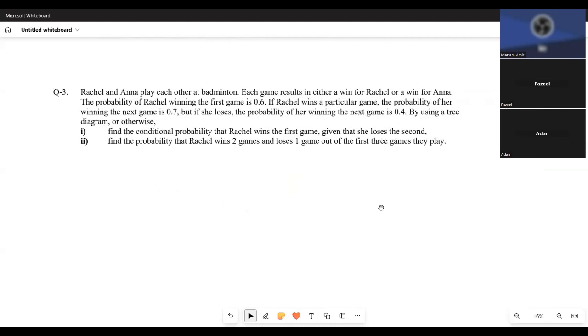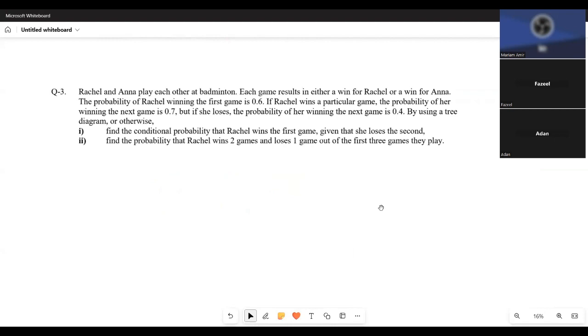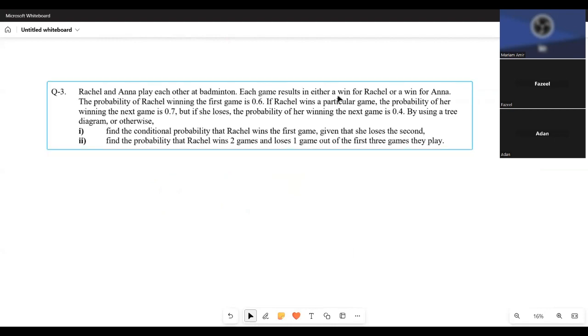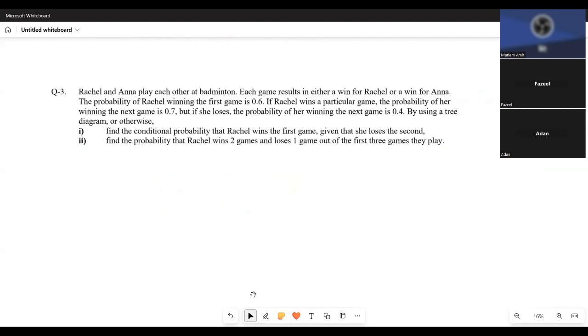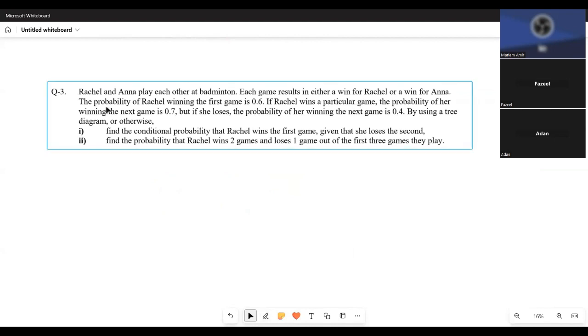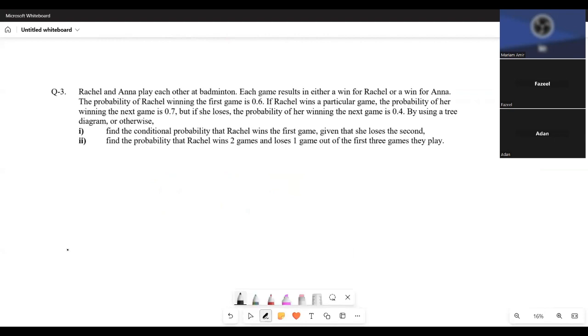Rachel and Anna play each other at badminton. Each game results in either a win for Rachel or a win for Anna. Probability of Rachel winning the first game is 0.6। I think इसके साथ ही ट्री बना लेनी चाहिए, क्वेश्चन इजी हो जाएगा। So Rachel wins is 0.6.